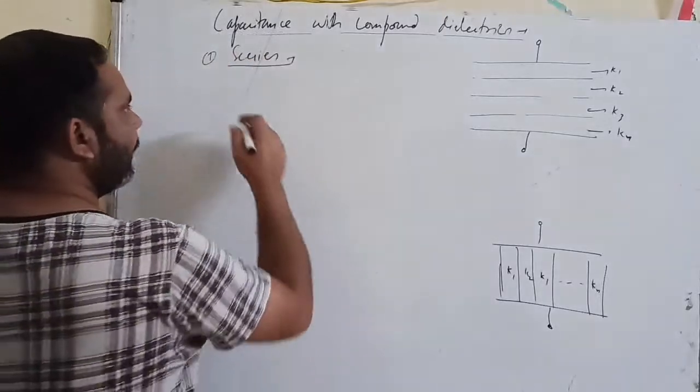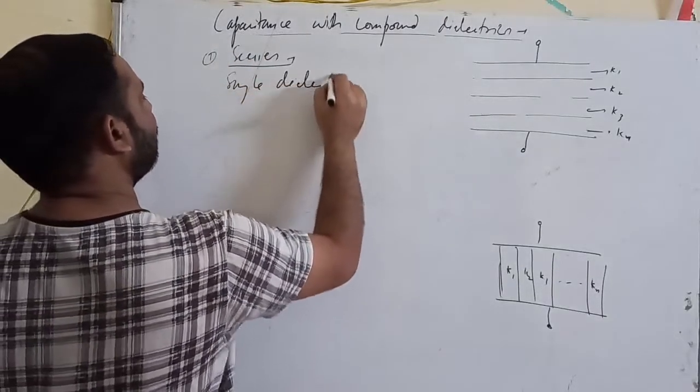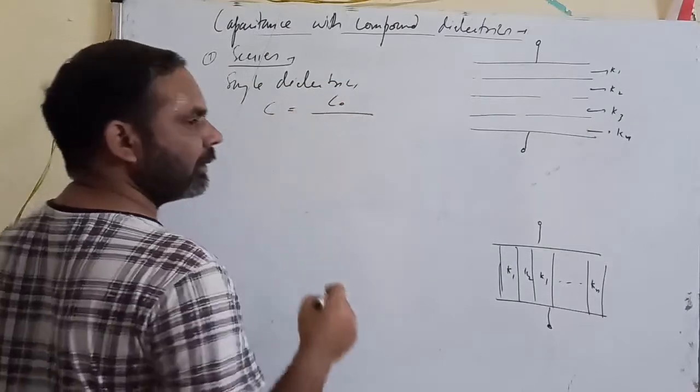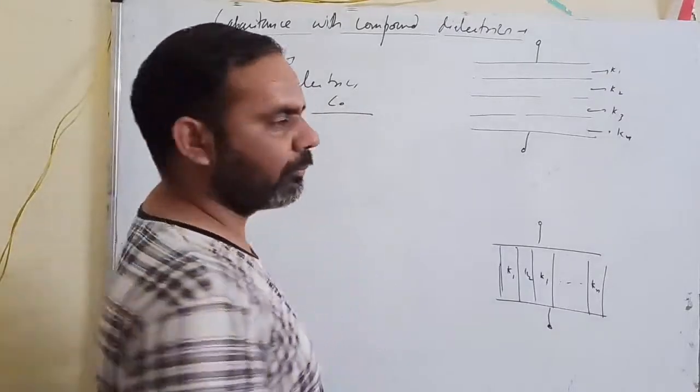So for a single dielectric, we have obtained the formula C equals C naught upon... you can write the previous formula.